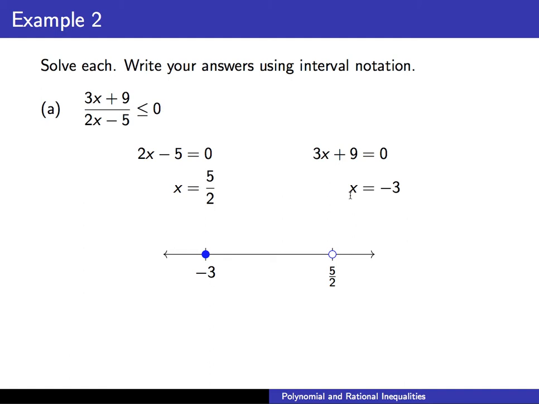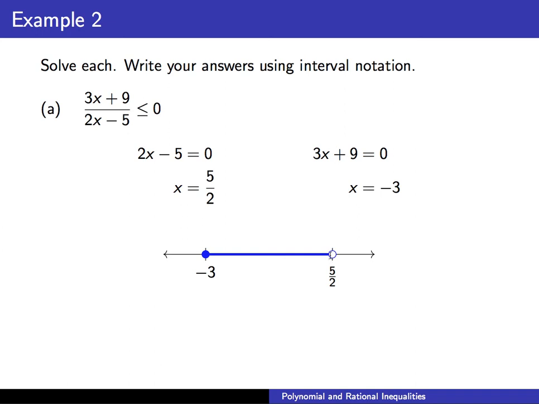And now, just like with polynomial inequalities, we can use test values. We can test out a number in the original problem that's less than negative 3, a number that's between negative 3 and positive 5 halves, and a number that is greater than 5 halves. When we do that, we find that the only numbers that'll work are the values between negative 3 and positive 5 halves.